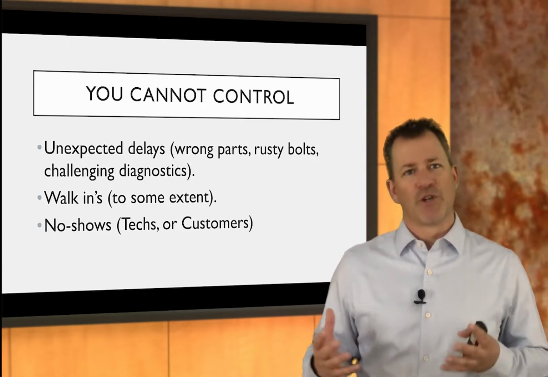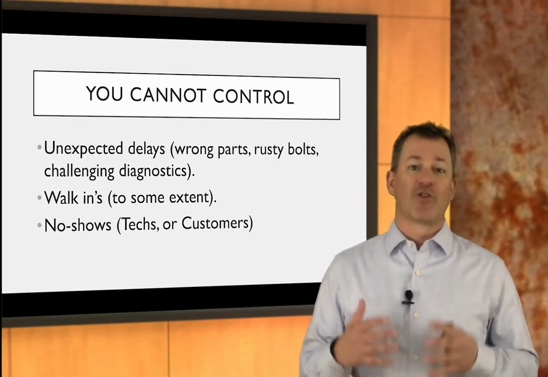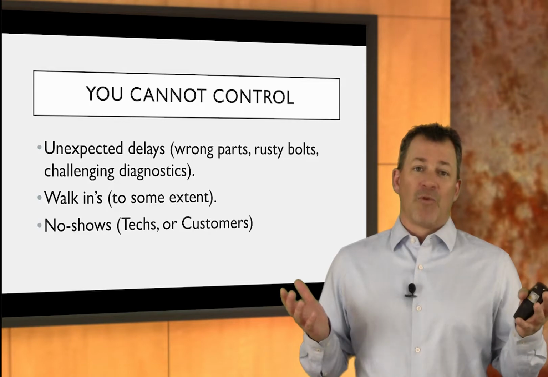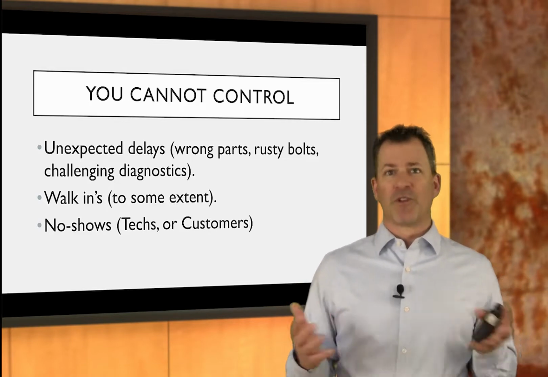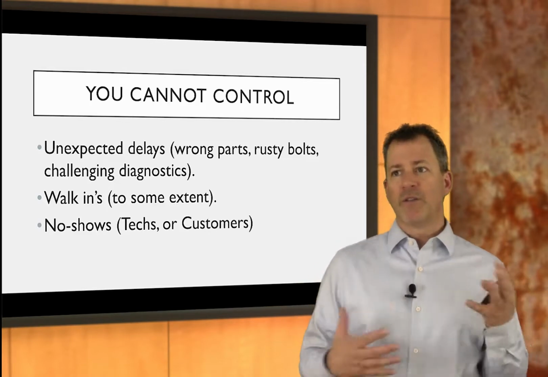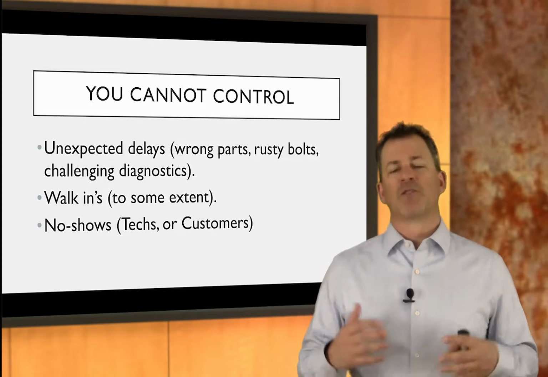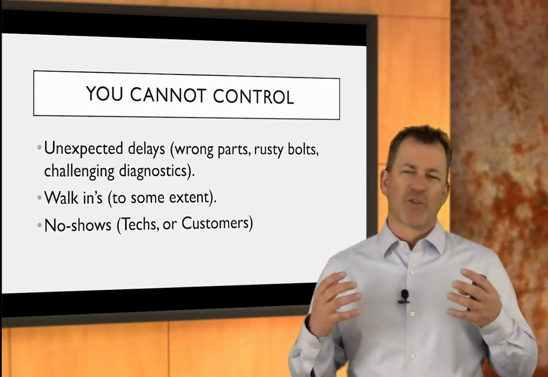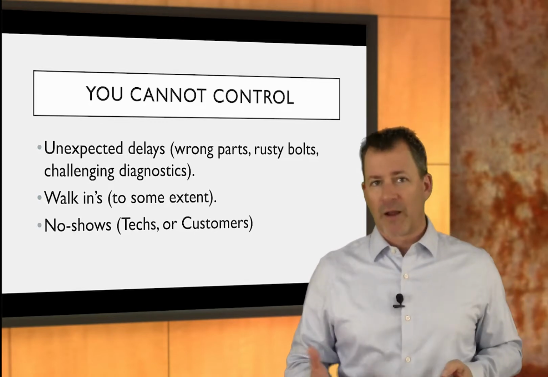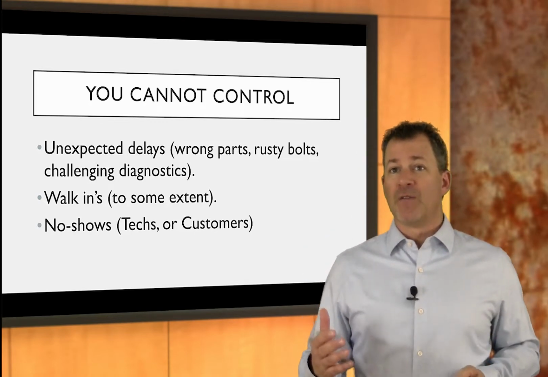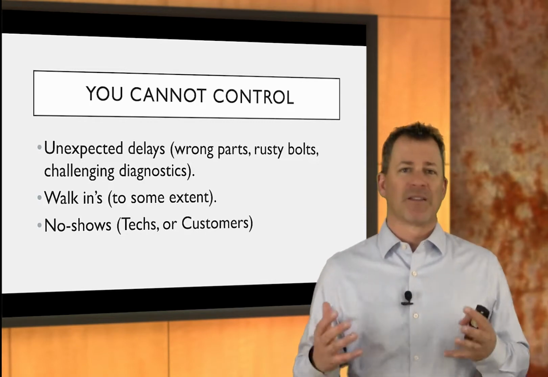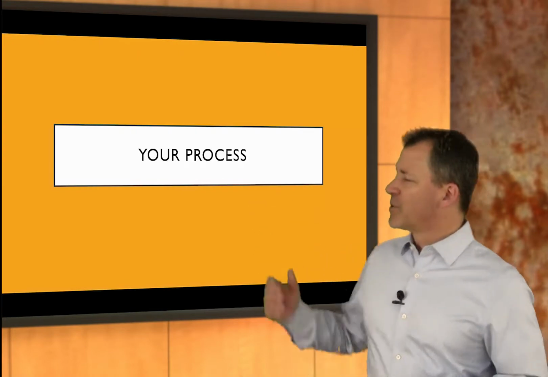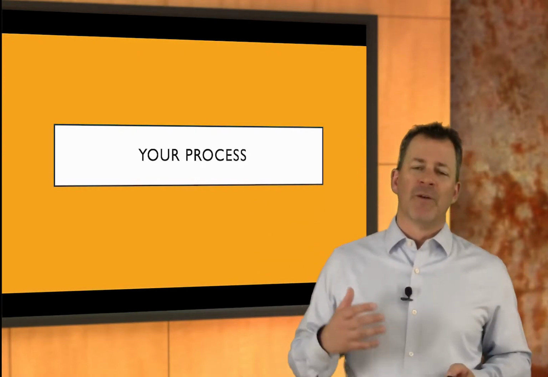Let's talk about encouraging customers to not walk in and to drop their automobile off. And then you can't control the men and women that don't come to work or the customers that don't show up. So there's all these variables that interact with the dispatch process, and all of these variables make dispatch so that it's not real cut and dry, okay? But we have enough control that I would say probably 95% of the time we can do a pretty darn good job with dispatch. Let's talk first about the process that you use in dispatching.